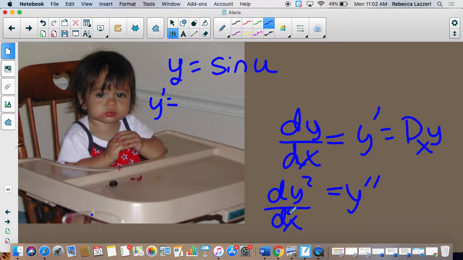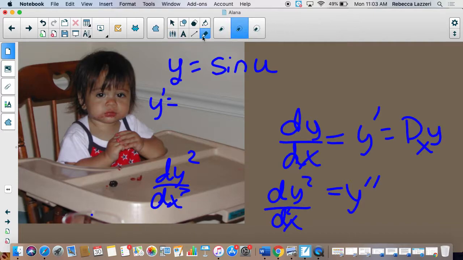The reason they don't write it like this, you may think, why don't they just do that? But doesn't that mean you've squared the derivative and you haven't taken the next derivative? So if you see one of the twos shifted over into the middle of the two numbers, that means you're not talking about something squared, you're talking about the second derivative. I promise you'll get used to it, okay?